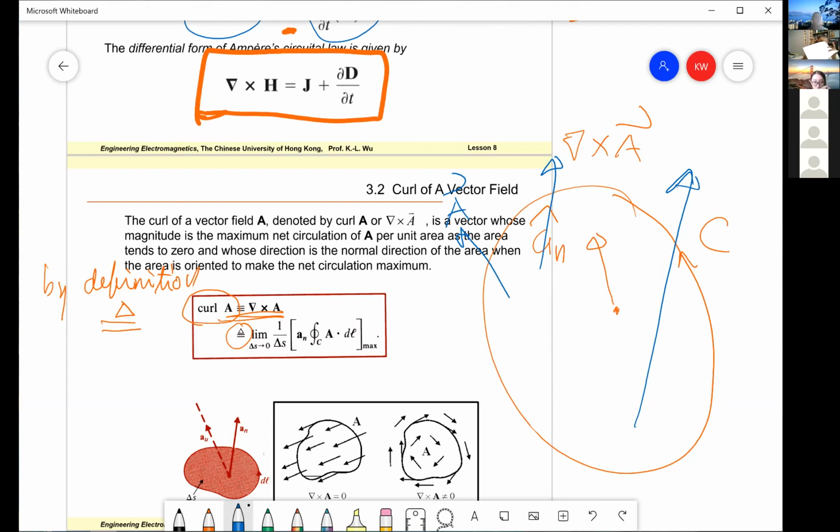Then I do the line integration along the closed contour.